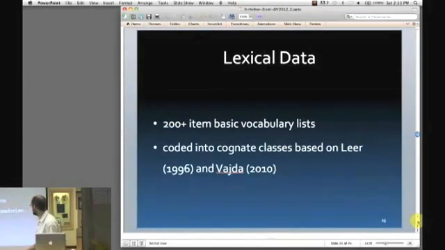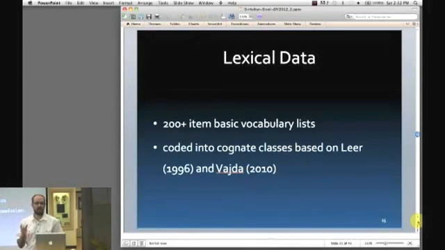And we coded this into cognate classes the best we could, understanding which things are cognate. Not always easy to do, but we are presuming genetic relatedness here. And we do have some resources, including Jeff Leer's work on Athabascan and Tlingit and Vajda's paper on Dene-Yeniseian cognates, so we can make some presumptions about what the cognate classes are.